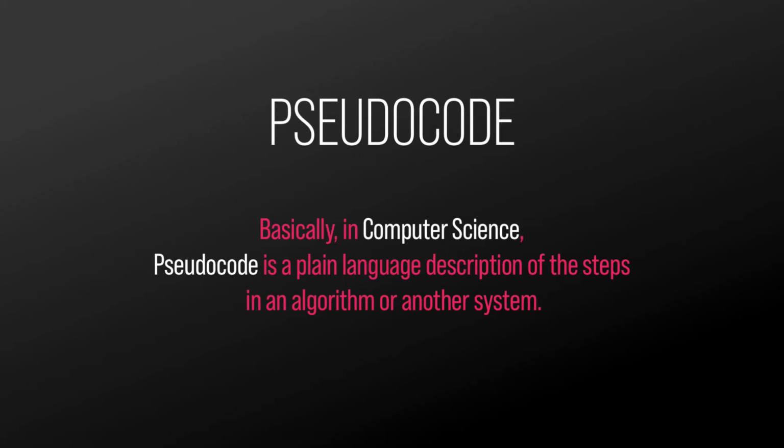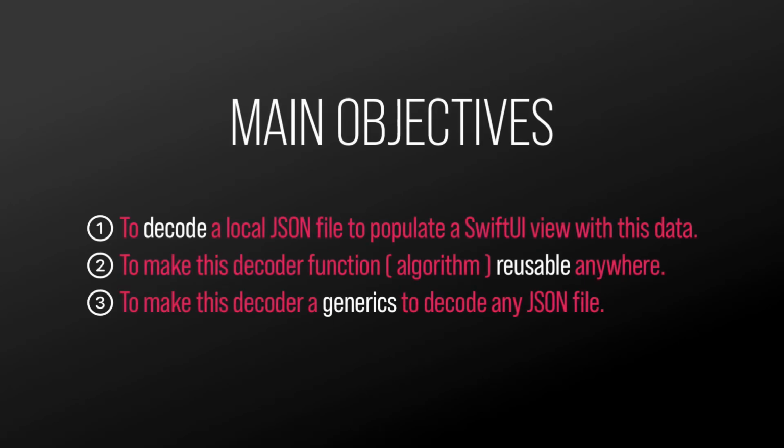That's it. Now let me define these necessary steps that we need to make to decode a local JSON file, alright? But before doing that, let me clarify the main goal that we want to achieve. Goals. We want to decode a local JSON data, then use this data to populate a SwiftUI view. Also, we want to create an algorithm that we can reuse not only one time, but many times over and over again within our project.